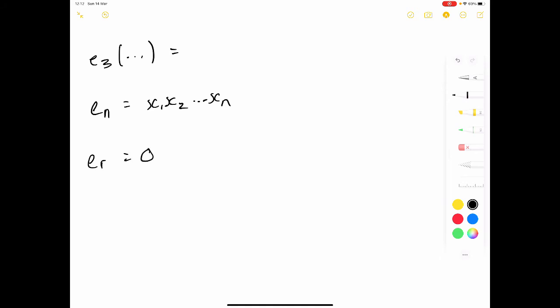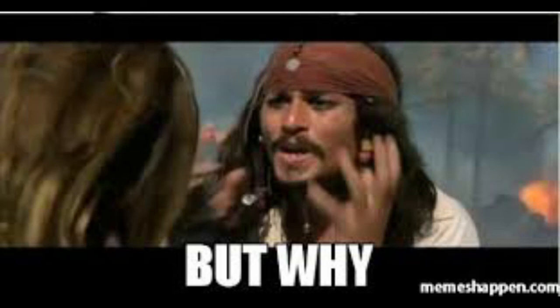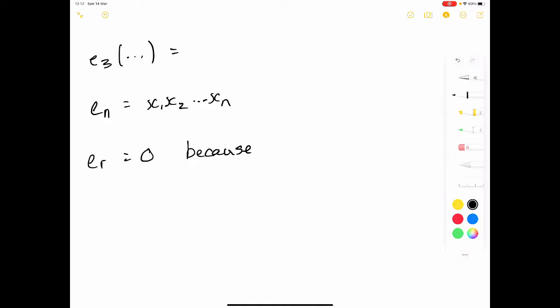Er is equal to 0 because r is greater than n. So if r is greater than n, Er will equal 0. So let's say we were dealing with 3 terms, so x1, x2, and x3. E of 4 would be equal to 0.